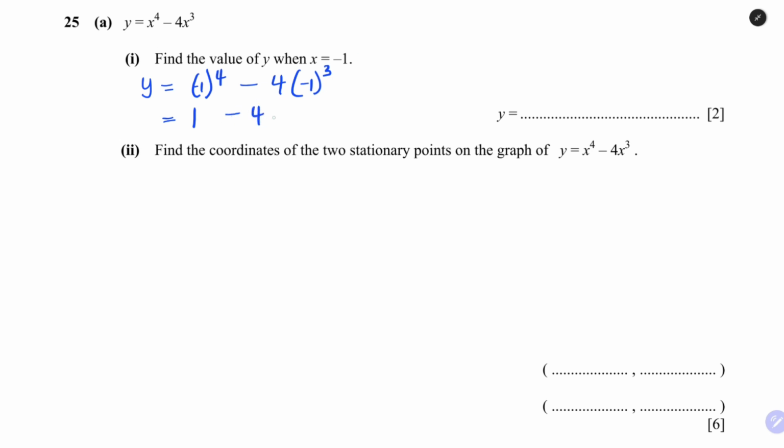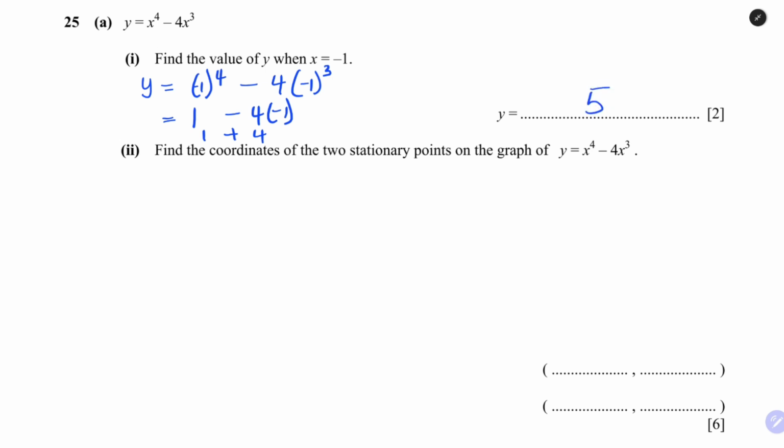Minus 4 times -1 raised to power 3, which is -1. So we have 1 minus 4 times -1. -4 times -1 is a positive 4. So we have 1 plus 4, and that gives us 5.